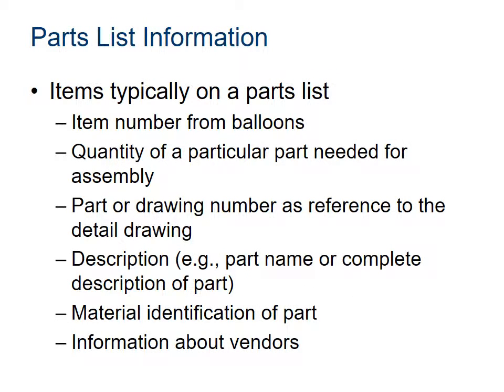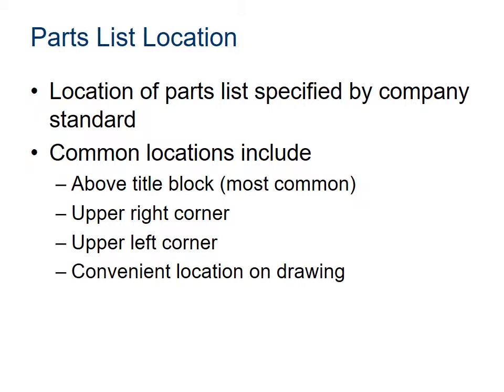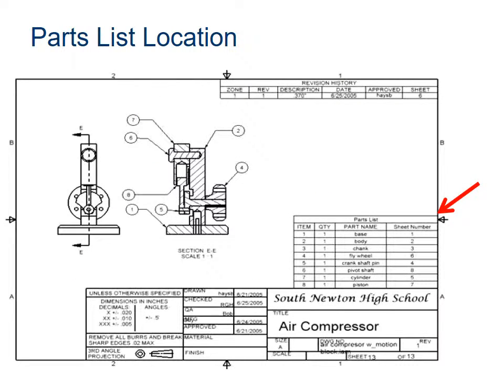This is the information that you tend to find in a parts list. It is always located above the title block in the upper right corner, upper left corner, or in a convenient location. I tend to put mine beside my title block. So you can do revision history parts list right there.